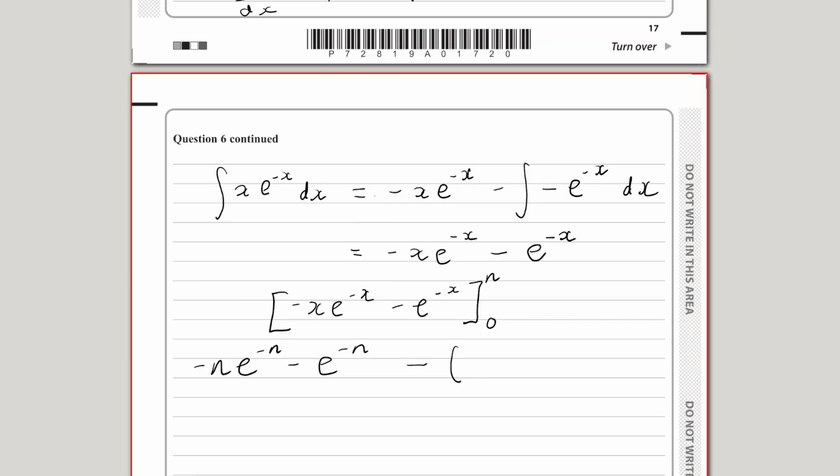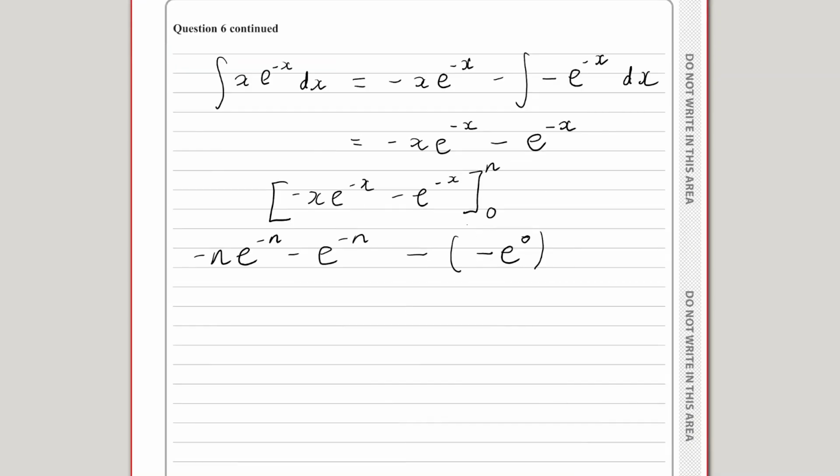That's going to be 0, the first one. Minus e to the power of minus 0. Minus 0 is 0, and e to the power of 0 is 1. So minus minus 1 is plus 1. So minus n e to the minus n, minus e to the power of minus n, plus 1.